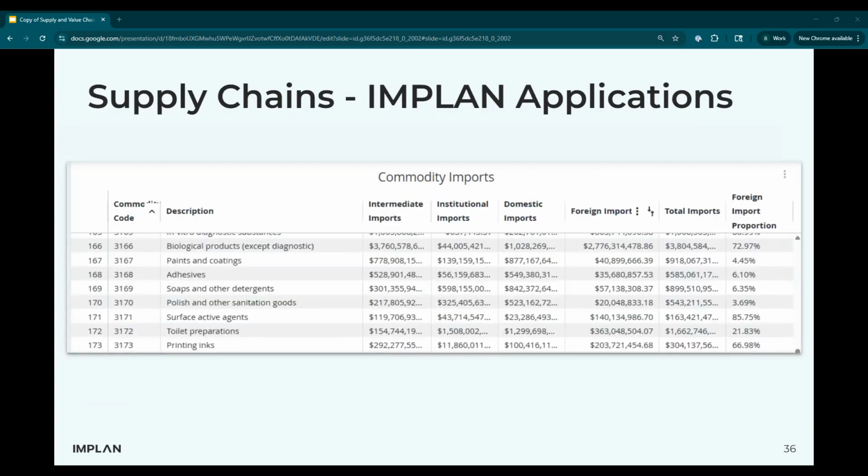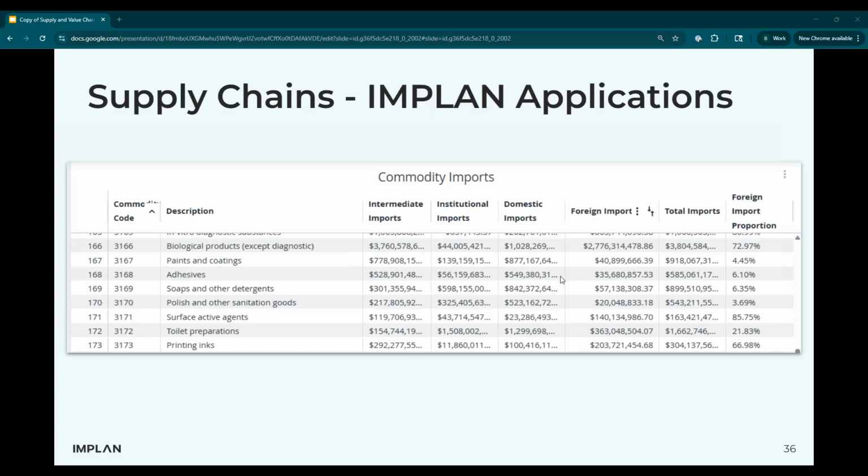So let's look at those biological products, except diagnostic, right? That commodity code 3166 is an IMPLAN code. It matches up with federal NAICS, with the NAICS code classification system. So what I'm looking at here is a table that pulls out two key pieces of information I want to point out.